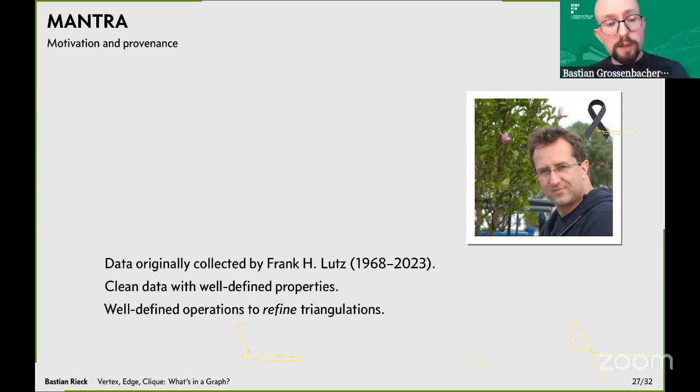It also gives us well-defined operations to refine triangulations. Taking this data set, we can easily create a zillion more triangulations from it that refer to the same object, but that are still markedly different. This is known as an operation called barycentric subdivision. Again, we don't need the details for this, but we can refine it. We can turn it into something bigger.